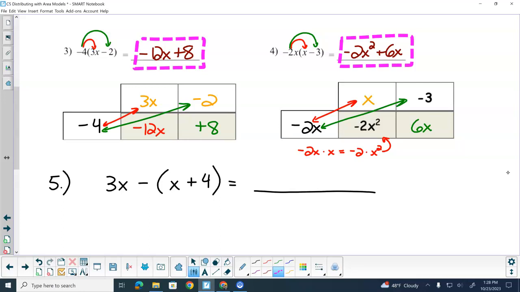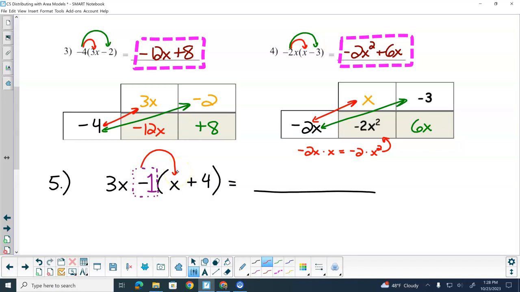But really, what it is is a subtraction of 1 times that. So this negative 1 here is what gets distributed in. That sign in front comes along.